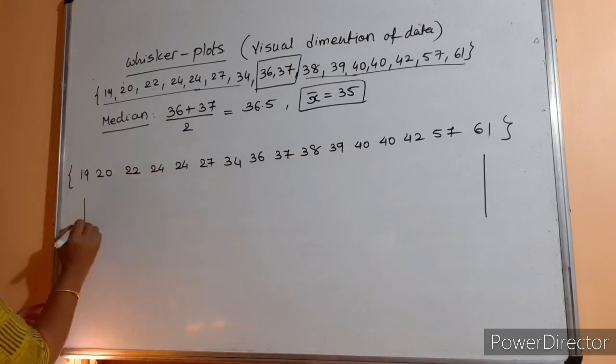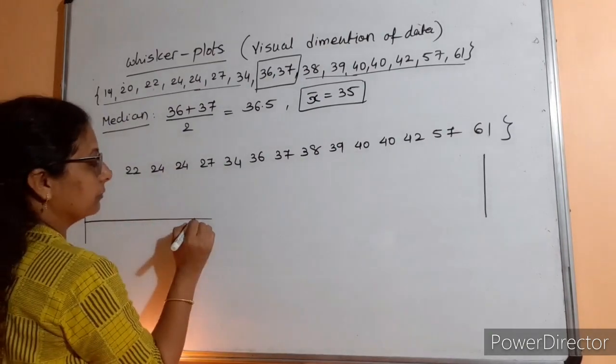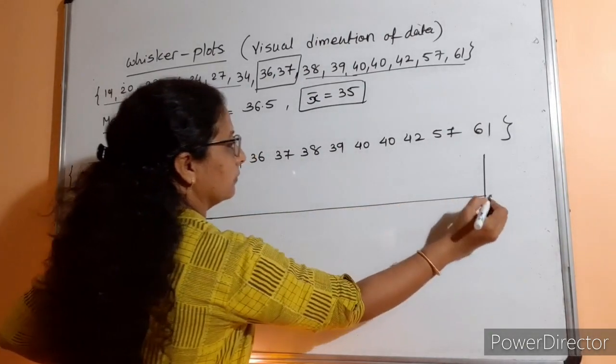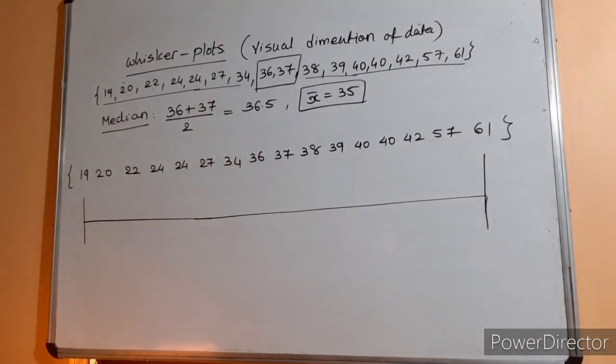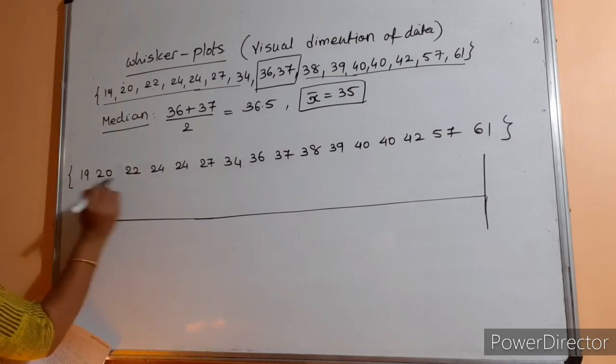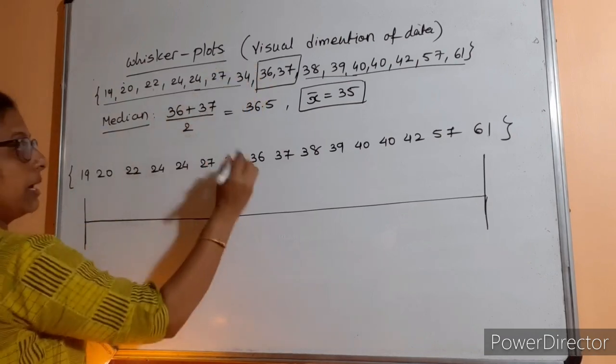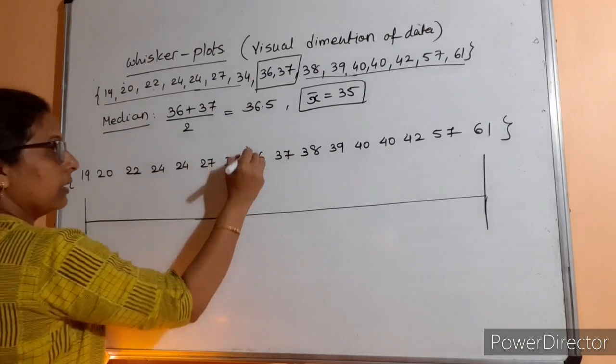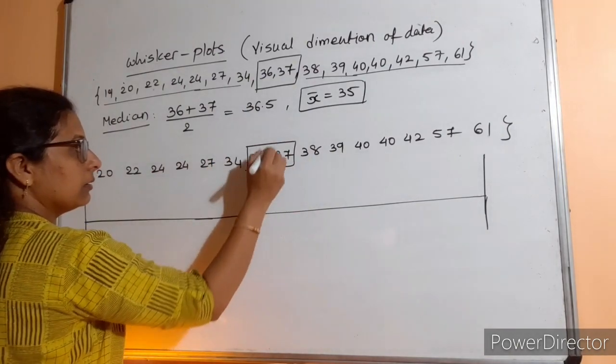You just join with a line, that is minimum value and maximum value. So minimum value and maximum value join. Now we will find this median. So here is the median.